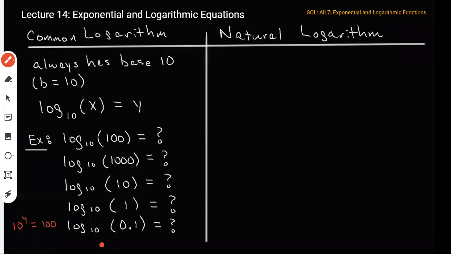Well, what exponent does 10 have to be raised to get to 100? That would be 2, right? Because 10 to the second power is going to give me 100. So I'm going to erase this question mark and replace it with a 2. That's going to be my answer.